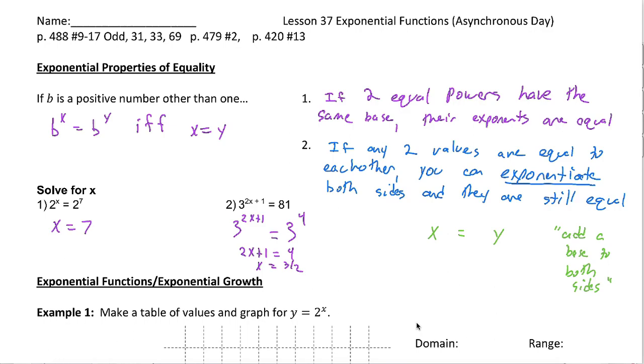Let's say a base of 3, for example. And they still have to be equal to each other. If x equals y, then 3 to the x equals 3 to the y.